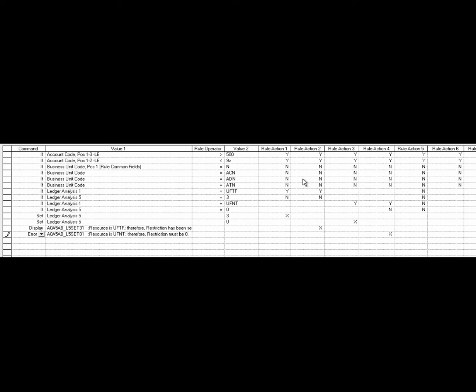These rule sets are basically focusing all on the same environment, the same situation, except for here you see yes and then no. In this rule set, it is a revenue or expense account. It's not the 9Z account. It's not any of these excluded business units that are excluded from the rule. It is UFNT, but the restriction is not 0. Then it is going to give an error message.